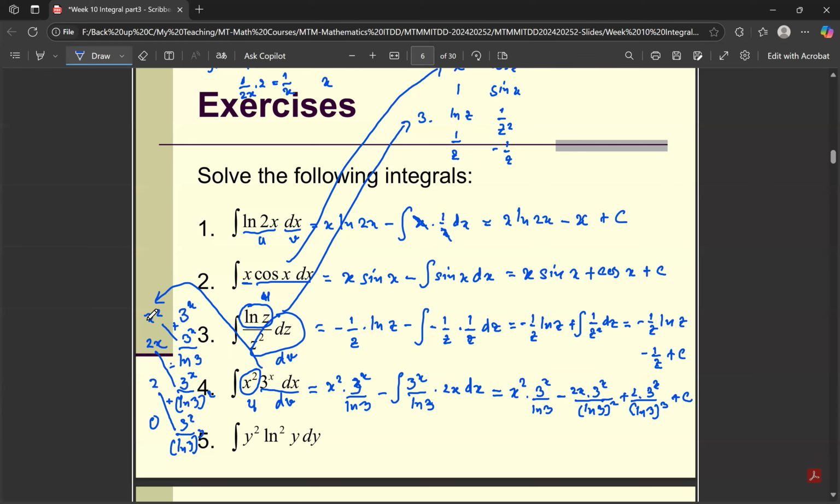We just need to write these columns. The requirement is that in the first column, the derivative can become 0.